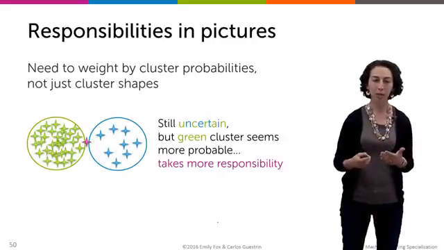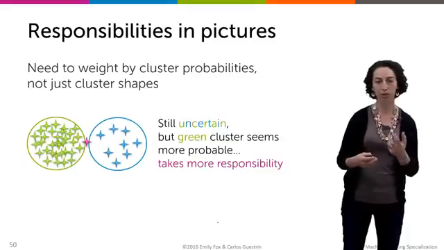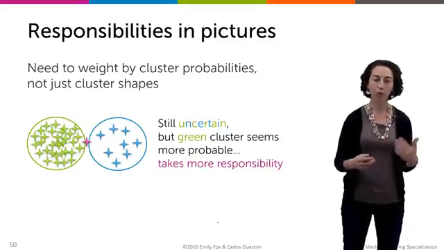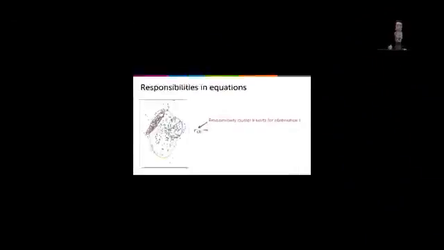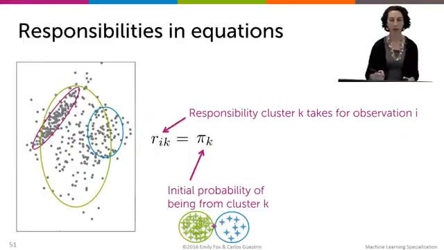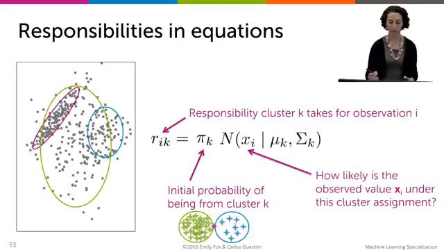Because of this imbalance in the proportion of the clusters in our mixture model, the green cluster starts to take more responsibility for that point than the blue cluster, whereas previously it was exactly split between the two clusters. In equations, we're saying that we need to weigh this initial or prior probability that a given observation comes from any one of our clusters with how likely the observed value is under each of these clusters. So that's this second term here.